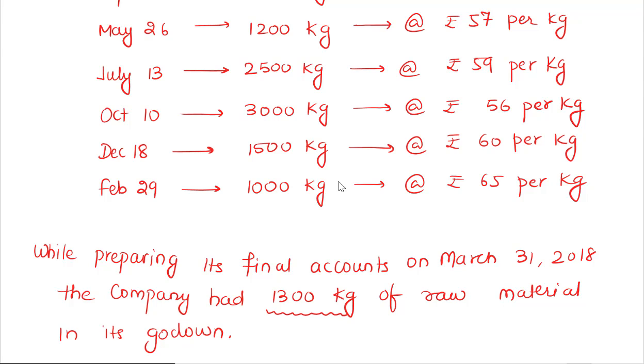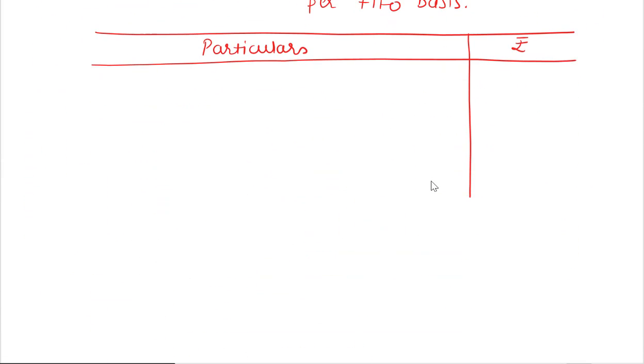So 300 kgs at 60 per kg. And likewise, we will calculate for the FIFO. 1000 kgs of raw material at rupee 65 per kg.